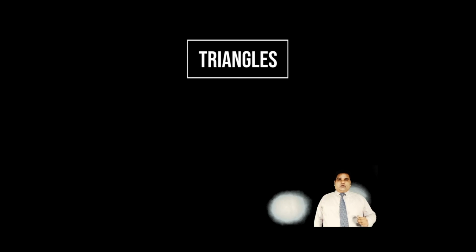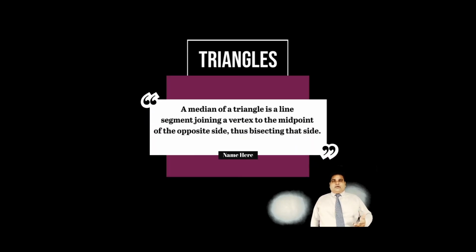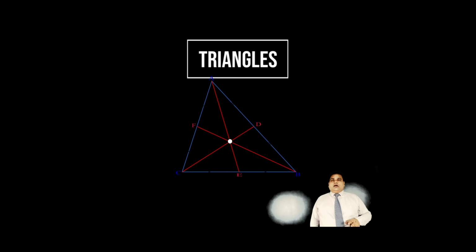Concept number 37, median. What is a median? A median is a line segment joining a vertex to the midpoint of the opposite side, and it bisects the opposite side. In simple language, in triangle ABC, where the line AE is drawn, that line is a median. This line divides the opposite side into two equal parts.